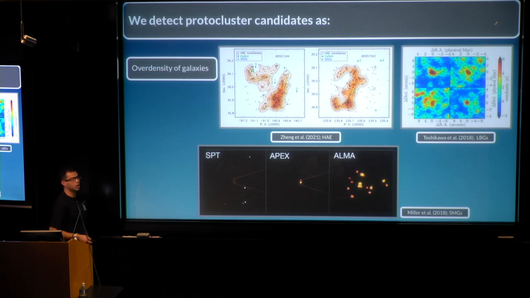Then if we perform an observational follow-up with better angular resolution, we can see that point sources in low resolution 2 millimeter observations are actually composed of multiple sources in very small areas of about 100 kiloparsecs. This is a very famous protocluster at redshift 4.3, composed of 14 sources at that redshift that compose a protocluster core.